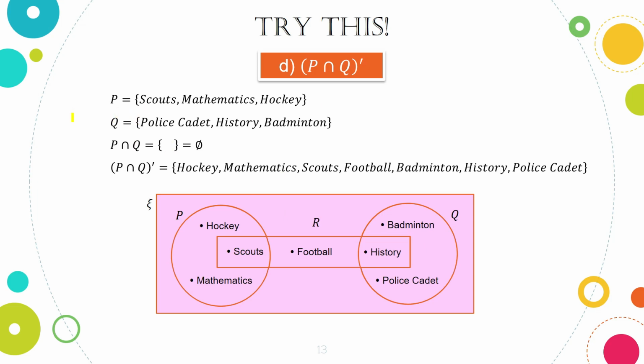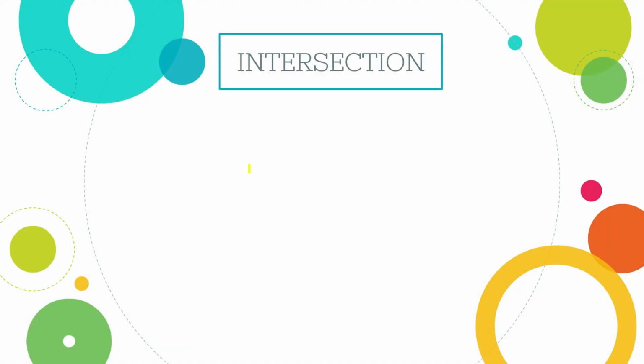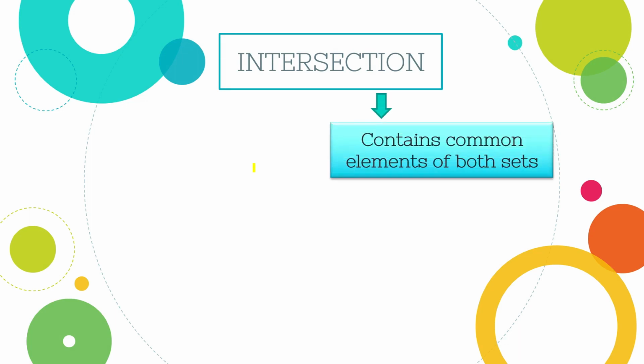This is how you find the answer. First, list down the sets and then find the common element if the question involves intersection. If you already determine the intersection, then if the question asks you to find the complement, you must give the elements other than the intersection. So the intersection contains the common elements of both sets or more sets.